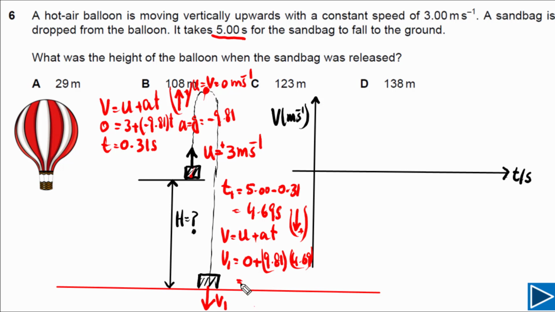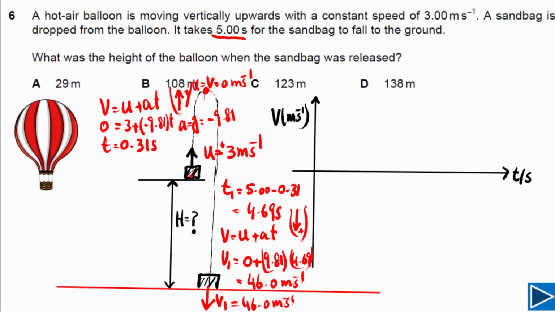If we plug in values, we find v1 is equal to 46.0 meters per second. We can write down here v is equal to 46.0 meters per second.